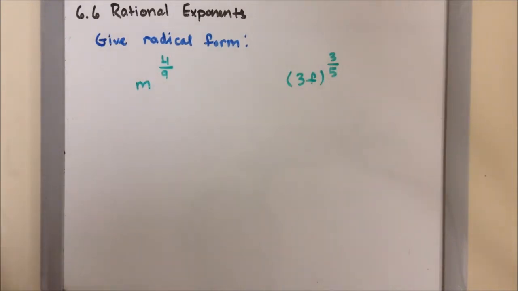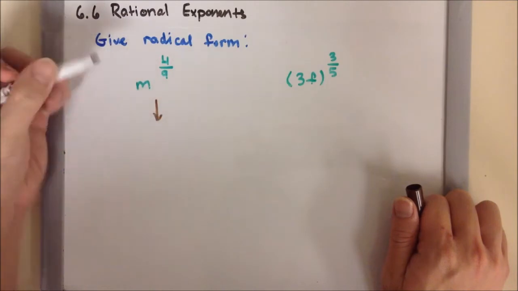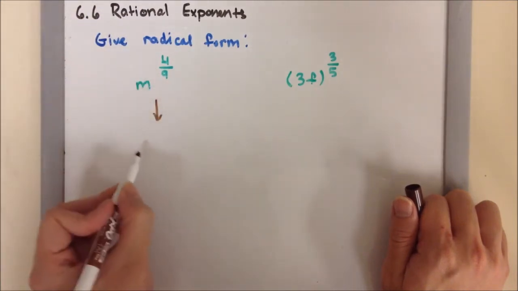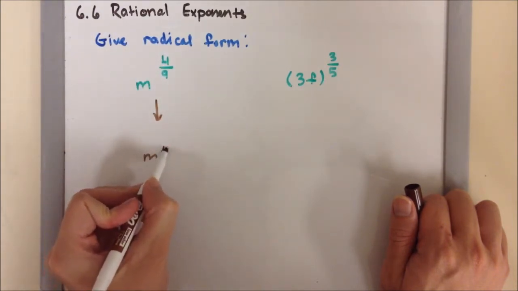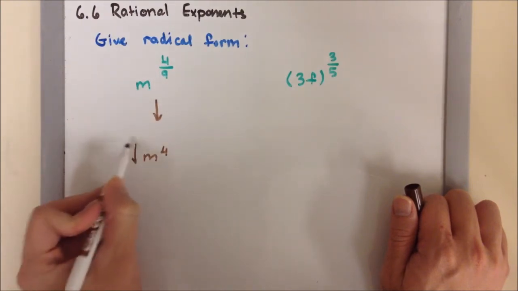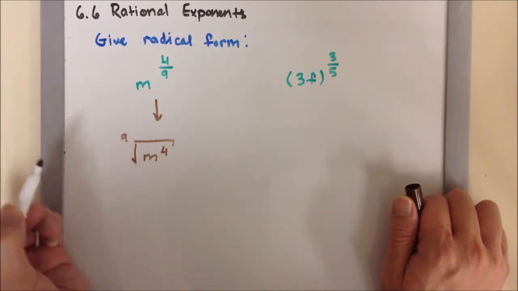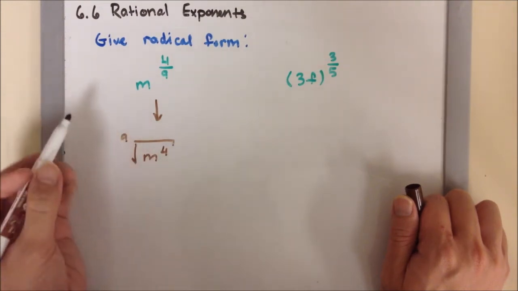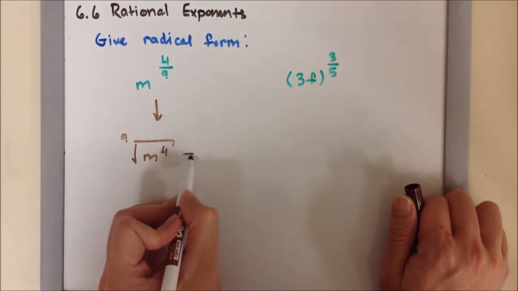When we're trying to convert into radical form, I'm going to write my base, which is m, and then what's in my numerator will be the exponent inside, and what's in my denominator will be my index on the root, such as this.